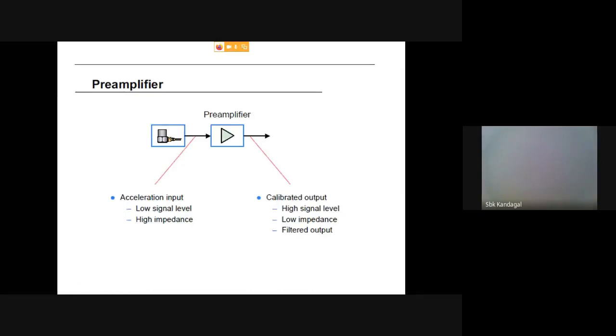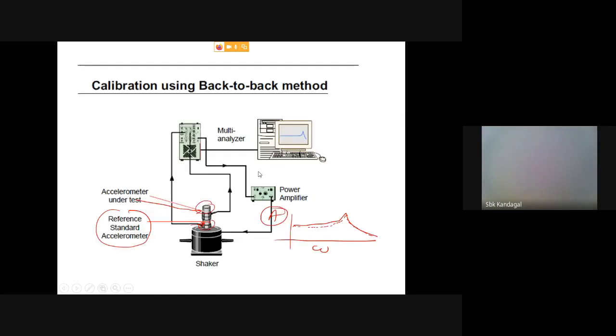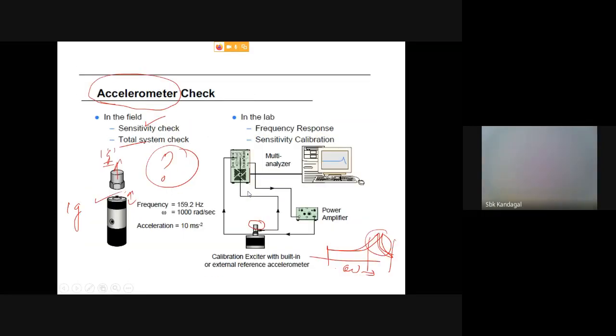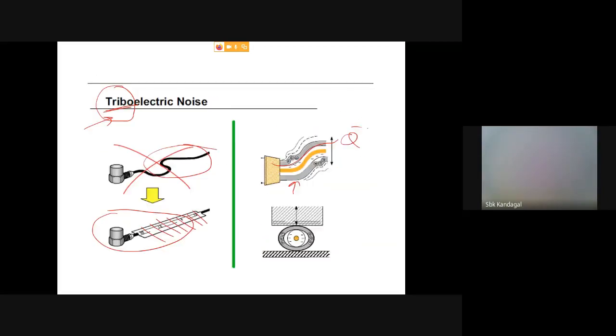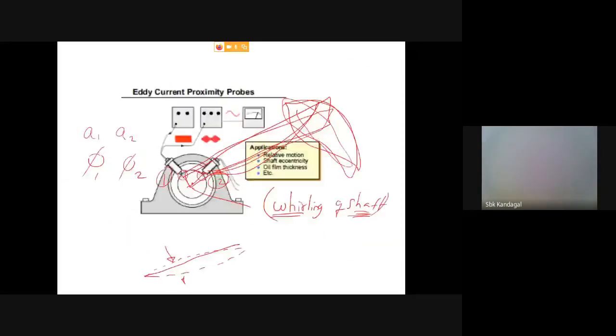Now coming to the important aspect, I told you about the conditioning amplifier, the pre-amplifier. Essentially, after the accelerometer, you have a pre-amplifier. I think you might have seen this earlier, but I have shown you. I'll show you the pre-amplifier.